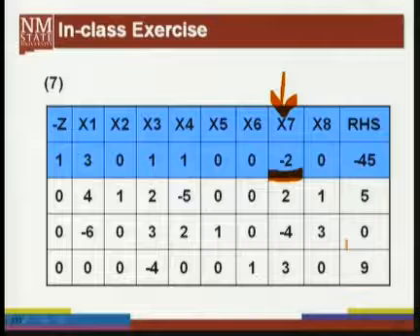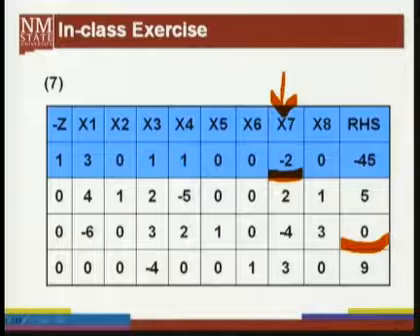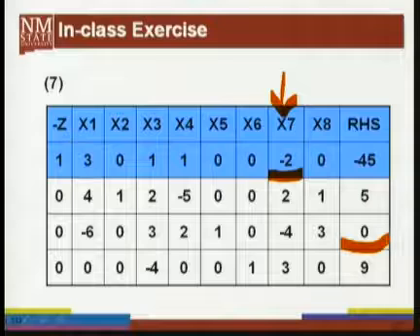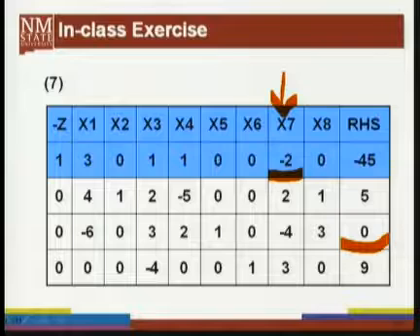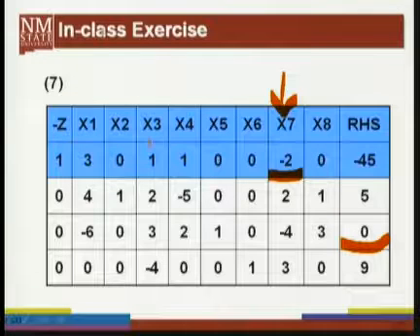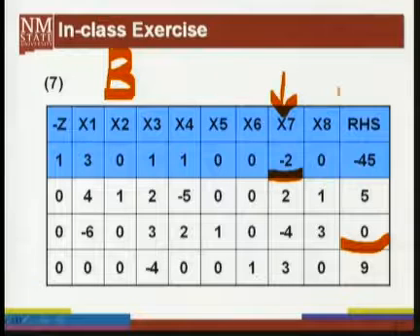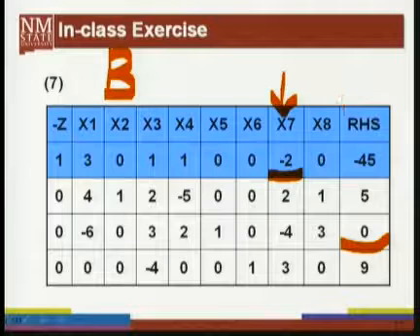But this is the degenerate case, right? Because one of the basic variable has zero value. Is that right? I said when this occurs, the next basis change may not result in an improvement in the objective function. Right? So this is the B. Non-optimal and degenerate Tableau with bounded solution, right?